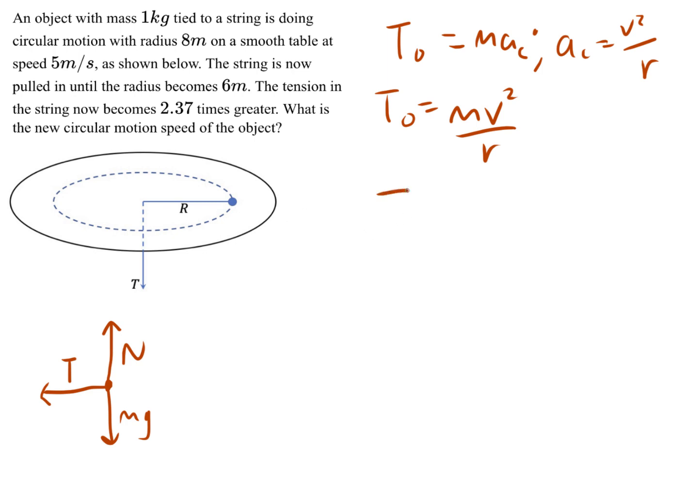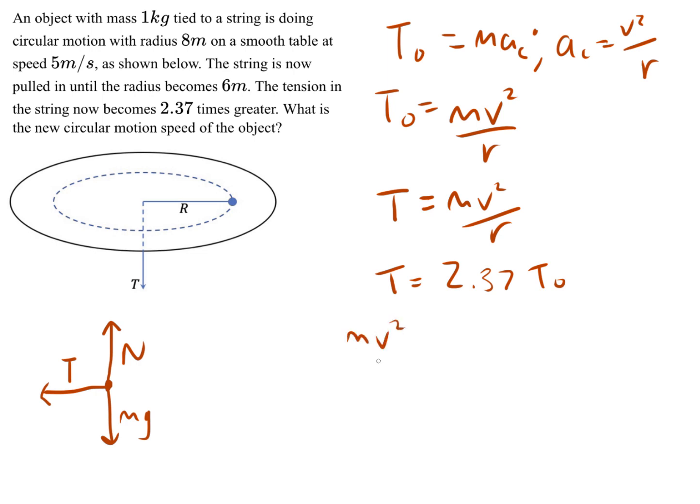And then the final tension, or the tension after the change is made, is still given by this equation. But we also know that the final tension is 2.37 times greater than the initial tension. So now we can just substitute everything in.